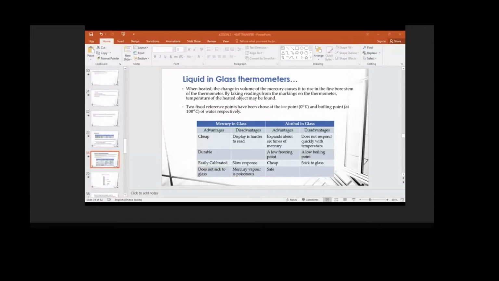What would cause the work to be positive or what would cause it to be negative? Anybody? What causes the work to be positive or what causes it to be negative?